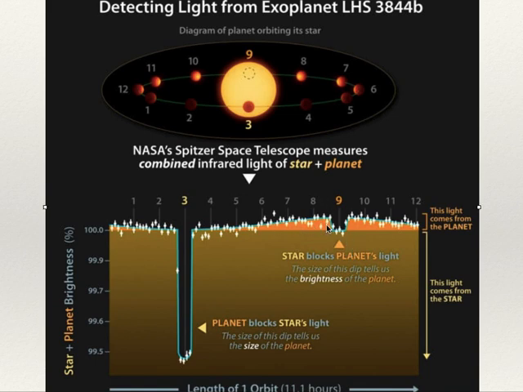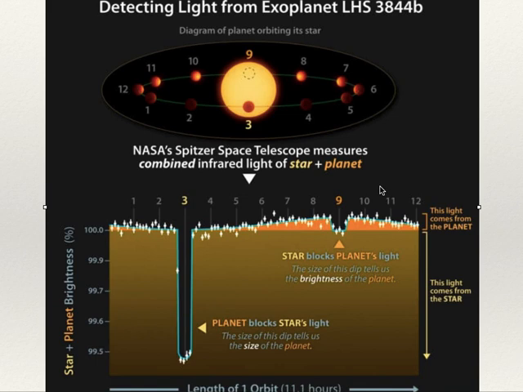All of this dark orange light right here is light from the planet, right? And all of that light is going to have the signatures of molecules in the planet's atmosphere imprinted on it.